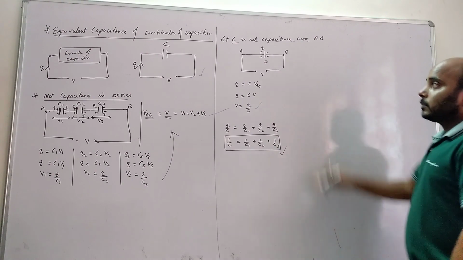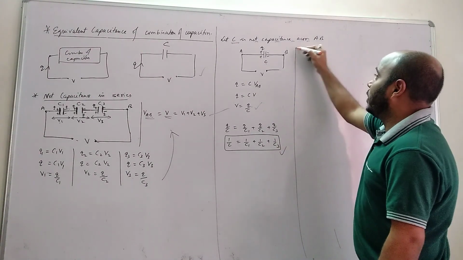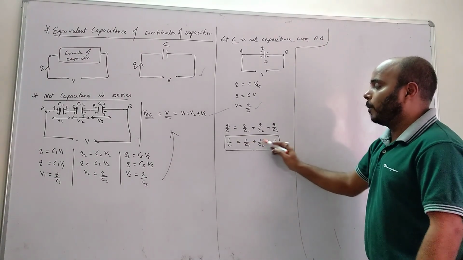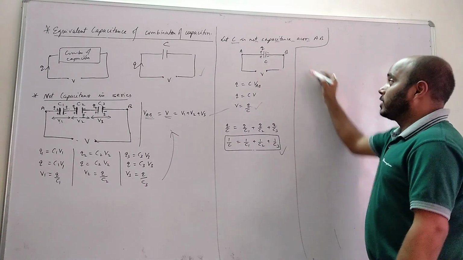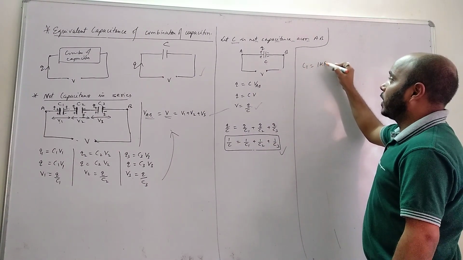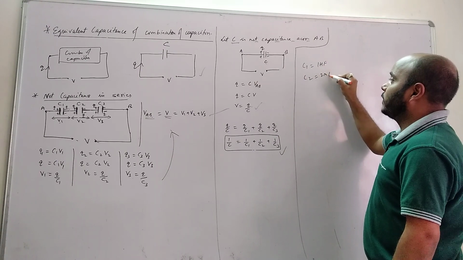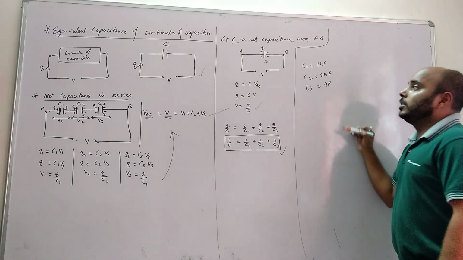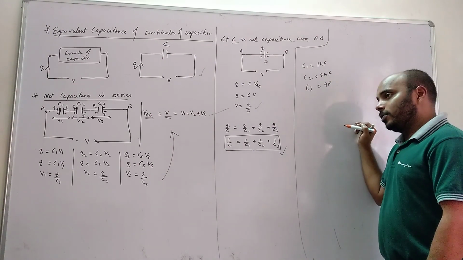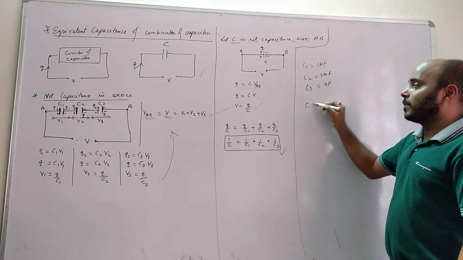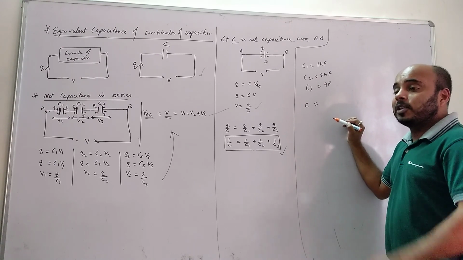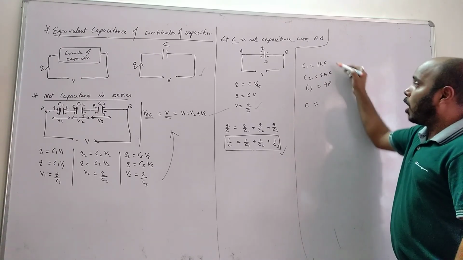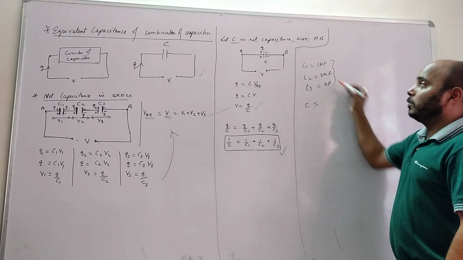Now listen very carefully. Whenever you have these reciprocal formulas, for example we have C1 1 microfarad, C2 2 millifarad, C3 4 farad, and these three are connected in series, you can predict the value of net capacitance. The net capacitance will be smaller than the smallest value, 1 microfarad.